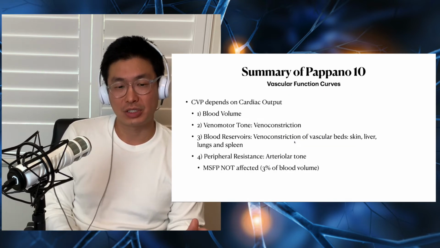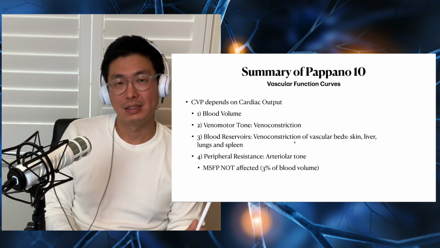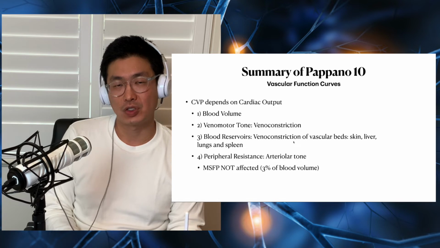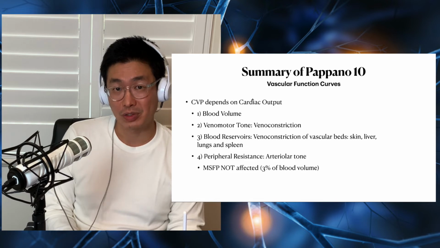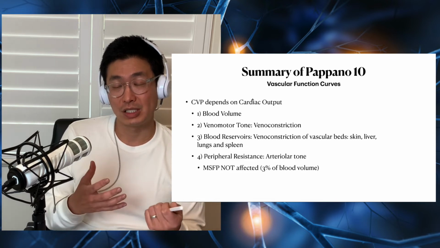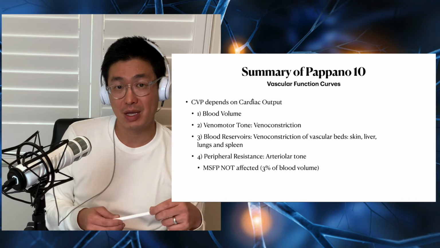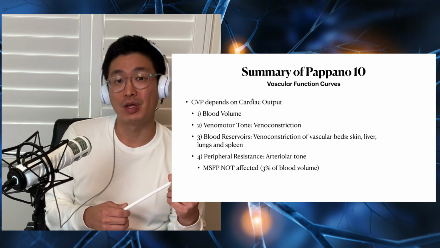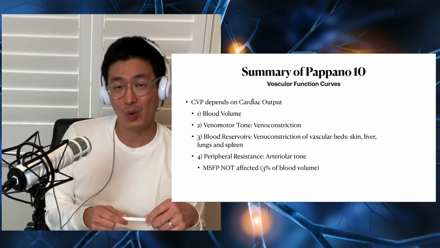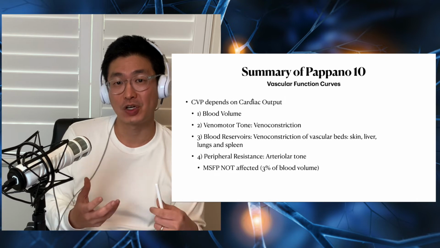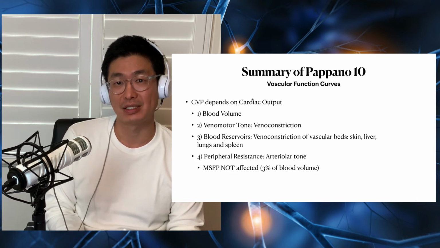Now, just to summarize, the central venous pressure or the preload depends on cardiac output, which is affected by your blood volume, your venomotor tone, which is from venoconstriction, and also the blood reservoirs, where it's venoconstriction of vascular beds such as skin, liver, lungs, and spleen.